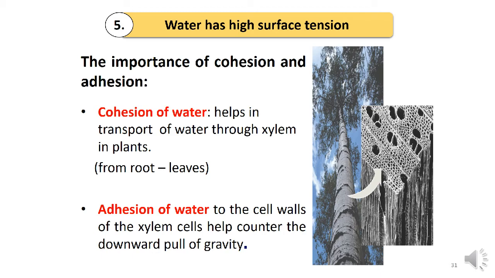And for adhesion, the water will stick to the cell walls of the xylem cells, because in adhesion the water is attracted to a different substance. So in this case, the water is attracted to the cell wall of the xylem cells, which helps counter the downward pull of gravity.